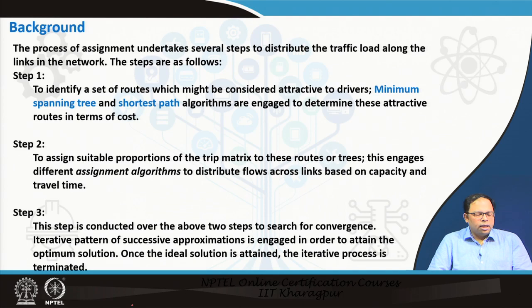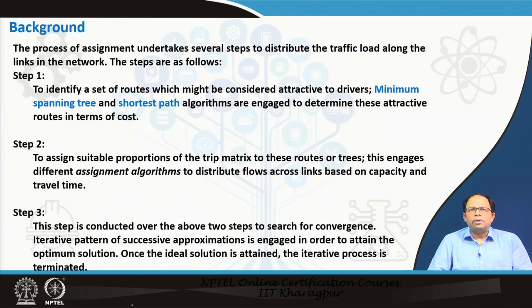And finally, once these two steps are undertaken, that is, we have first determined the optional routes, then assigned the interzonal volumes to these routes, the third step is to iterate this pattern of assignment.